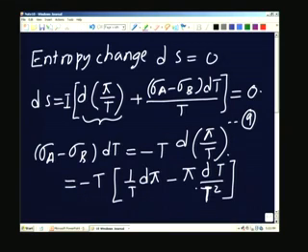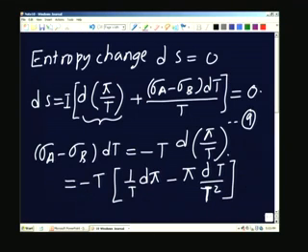I am differentiating it like this. (Sigma a minus sigma b) dT equals minus T into [1 over T d pi minus pi dT by T squared]. I am going to put this into the earlier expression.